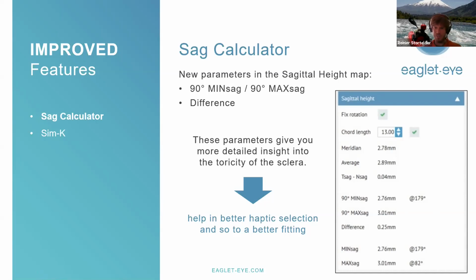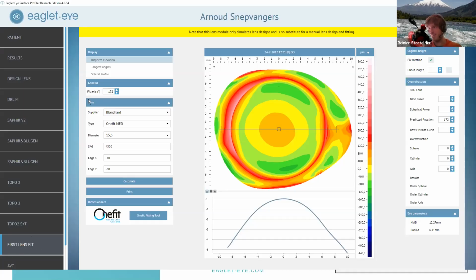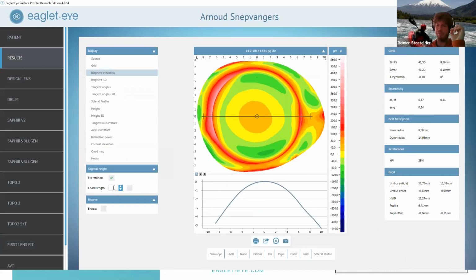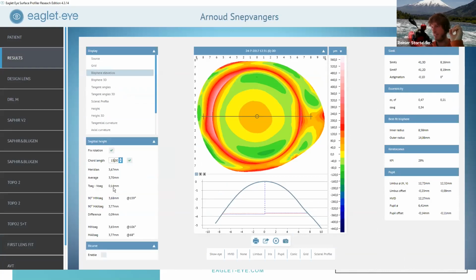I will just open my software to show it. I did open first lens fit. And here you have the lens prediction, and just above you find the fit axis. That's also the prediction of the lens rotation. And I would use this value over the value I've just been showing before. So let me show it.